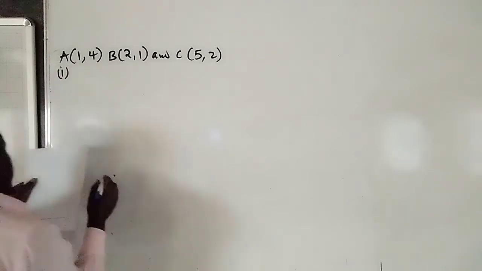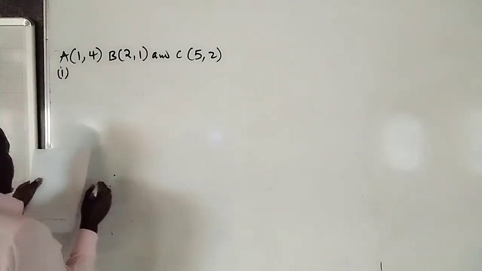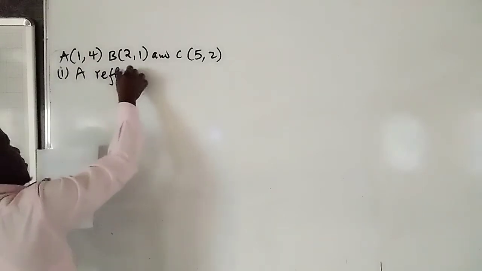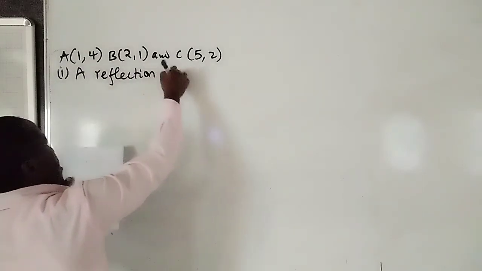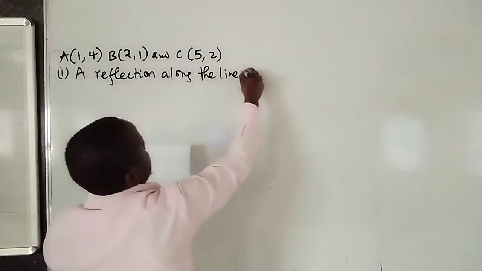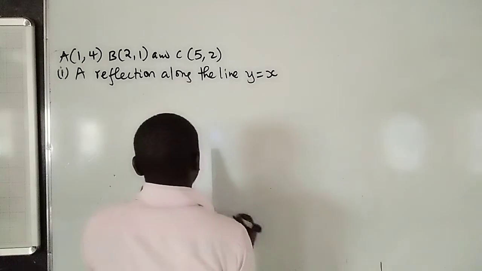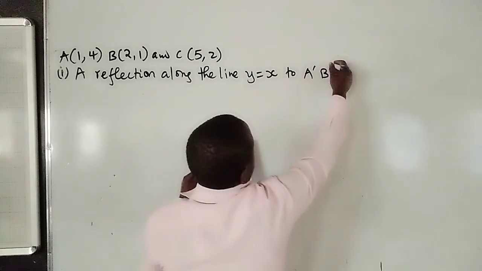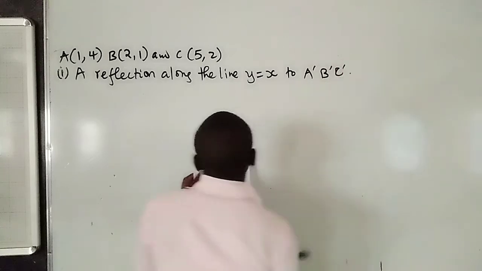Roman 1, a reflection along the line y is equal to x to get A prime, B prime, C prime.